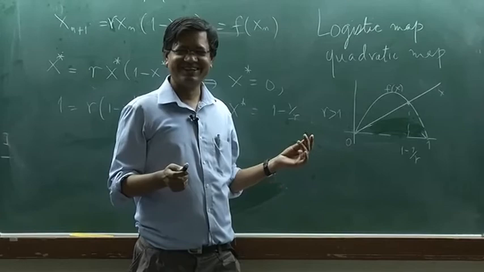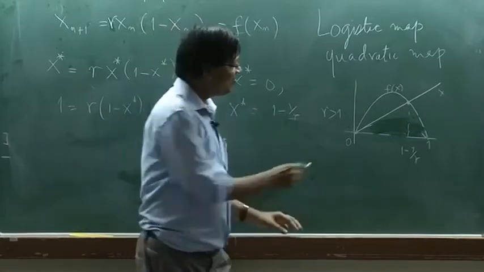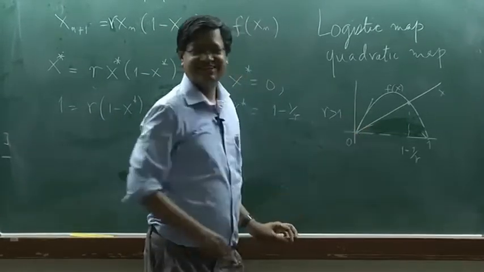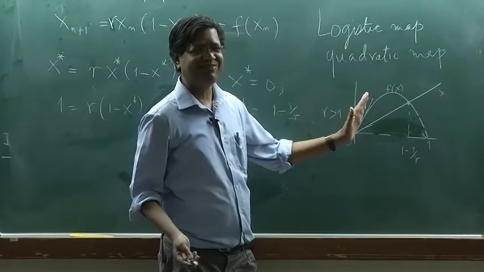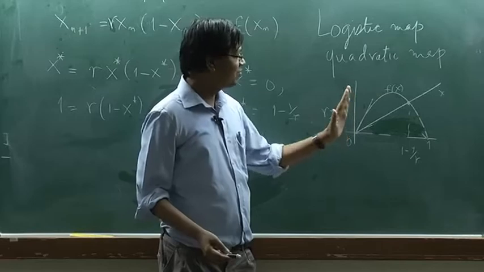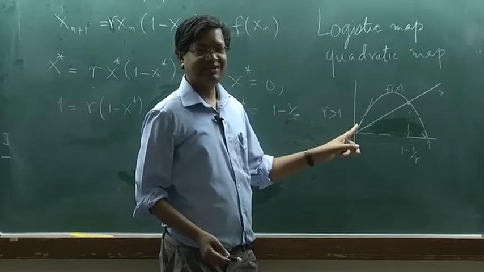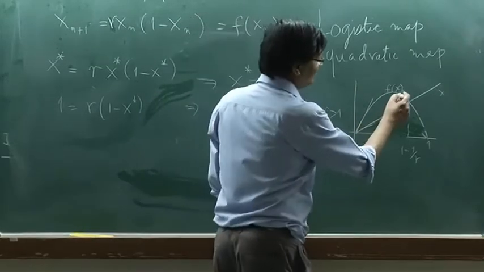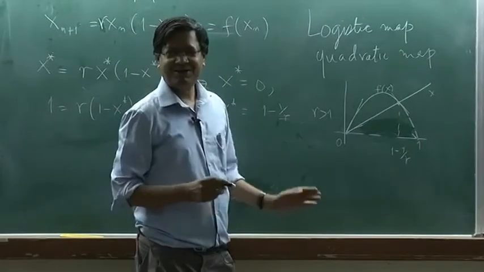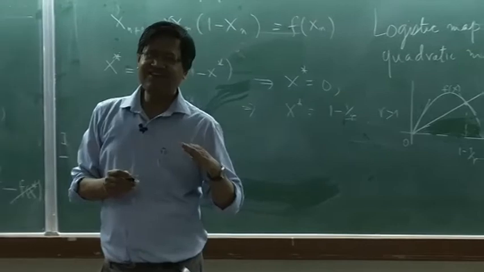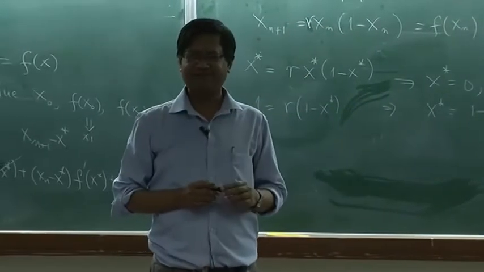Fourth category. It's easy. The slope here is greater than 1. Slope of 45 degrees is 1, and this is greater than 45 degrees, so the slope is greater than 1. This is unstable. And this slope you have to see whether it is less than 1. Right now it looks like it is greater than 1, but for some values of r it is less than 1, and then it is stable.